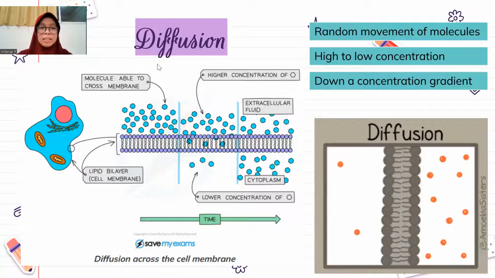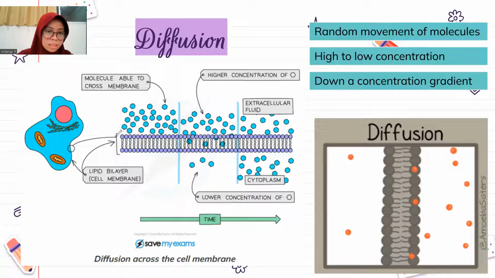And as you can see, this is actually the zoomed-in version of this part. So this is the cell membrane. We have the head part and then the tail. And these molecules, the blue hexagons here, represent particles that diffuse across the cell membrane.